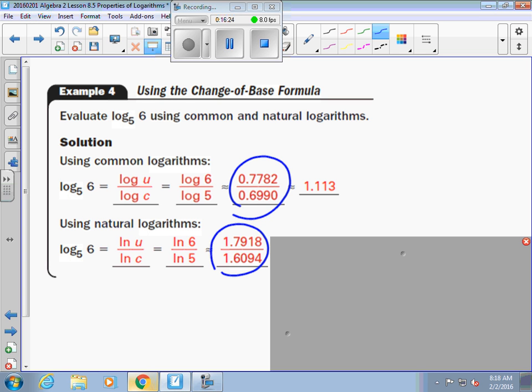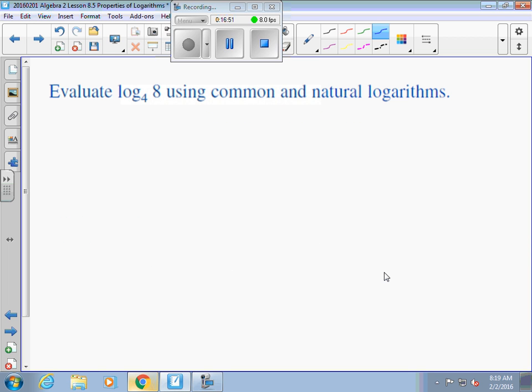However, when you divide them, you're still going to get 1.113, because the common log versus the natural log are different numbers, but it's still dividing by the same thing. And again, change of base is the one thing that this has all been built into. This is the most useful part of it when you don't really want to do it or you don't feel like you can do it.